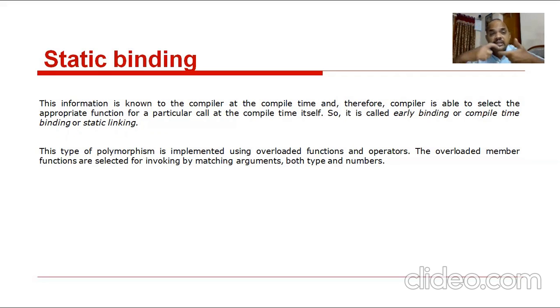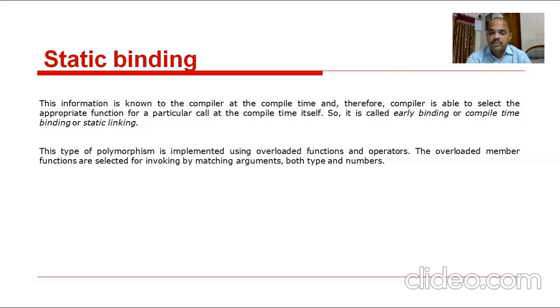Simply, it can arrange the links between calling function and called function, actual and formal parameters, for a particular call at the compile time itself. So it is called early binding or compile time binding or static linking. Clear all of you? So this type of polymorphism is implemented using overloaded functions and operators. Simply, function overloading and operator overloading.